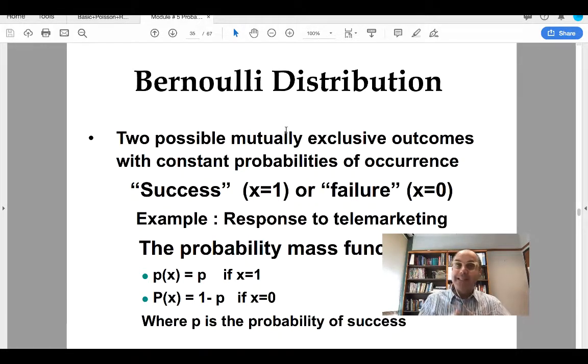We have success versus failure, for example, responding to a telemarketing call. The probability mass function is the probability p if x is equal to 1, and the probability of 1 minus p if x is 0, where the probability of success is how we measure that.